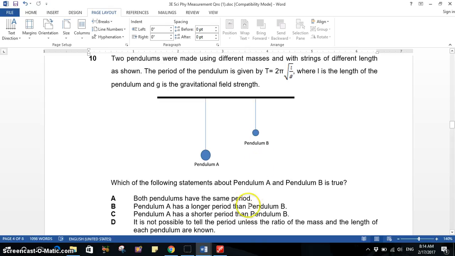So now, when both of them have different lengths, A cannot be true because both will have different periods. Pendulum A, which is longer, has a longer period than pendulum B. Yes, this is definitely correct because we know that the longer the length, the larger the period.